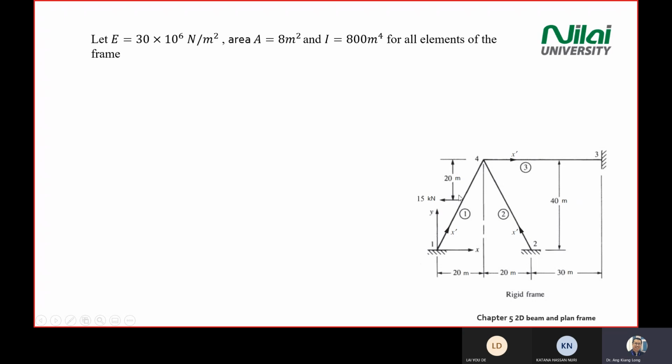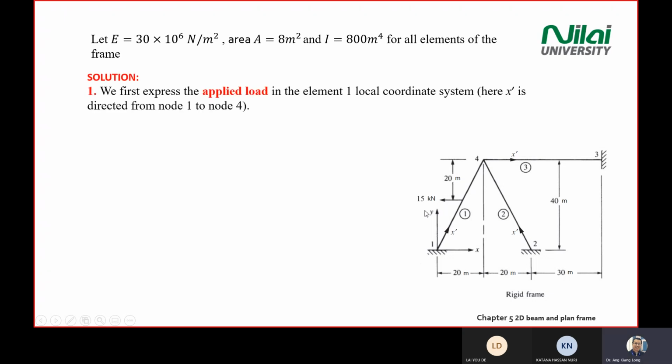We just expand this matrix. We change 15K into the direction normal to y prime, and the other direction along x prime here. These are the first recommended steps.